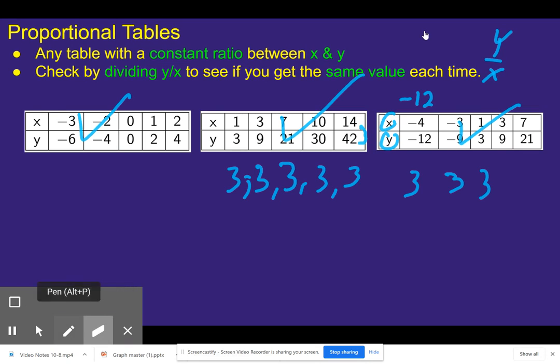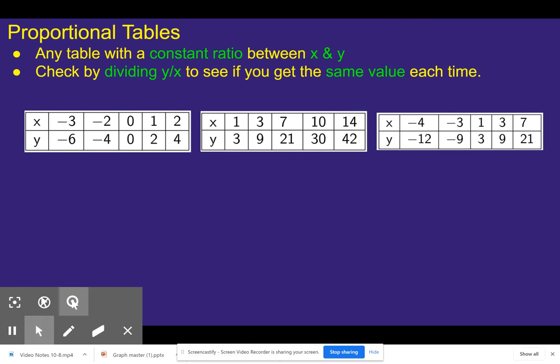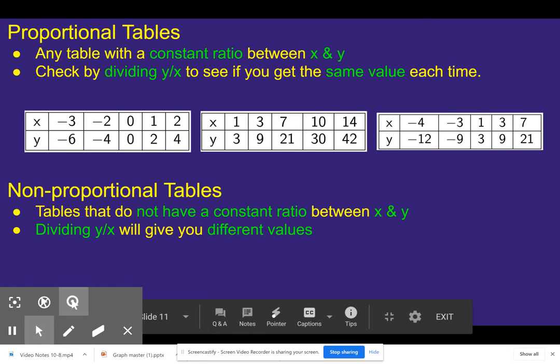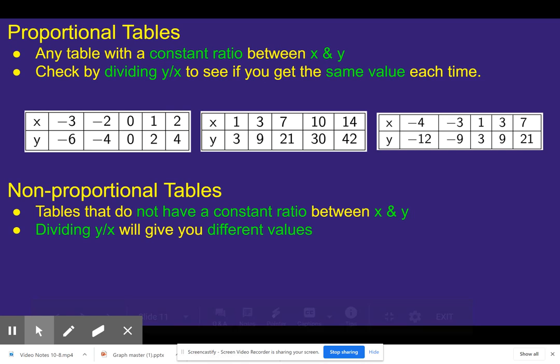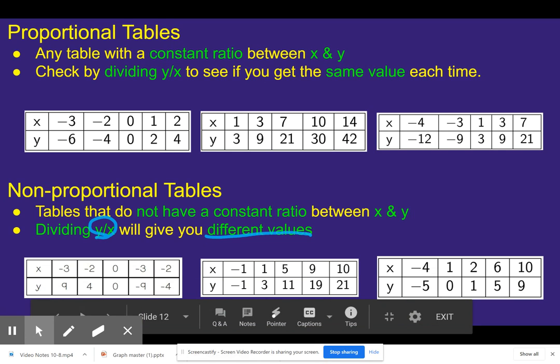So let's look at some examples where things are not proportional. Non-proportional tables are tables that do not have a constant ratio. That is, when you divide the y by the x, you get different values. Okay? So looking at our next little group, let's start dividing.